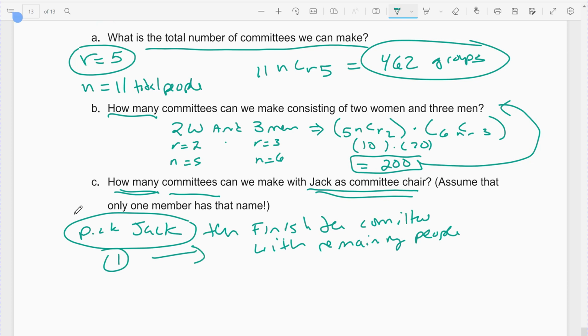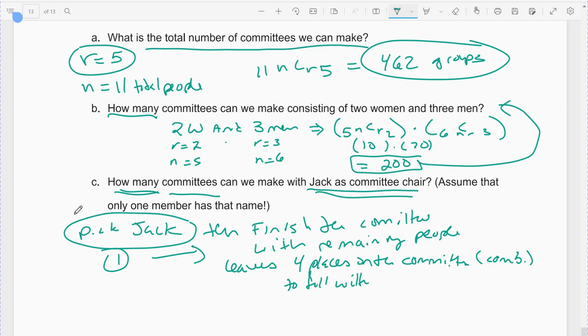What's left for us to figure out is that once I've picked Jack, I then have to complete my committee with everybody else. And since I've picked Jack, there's only 4 places left on my committee to fill with however many people there are left without Jack. So again, this leaves 4 places on the committee. It's still a combination because those 4 places have no rank to them, to fill with everybody else who's not Jack.